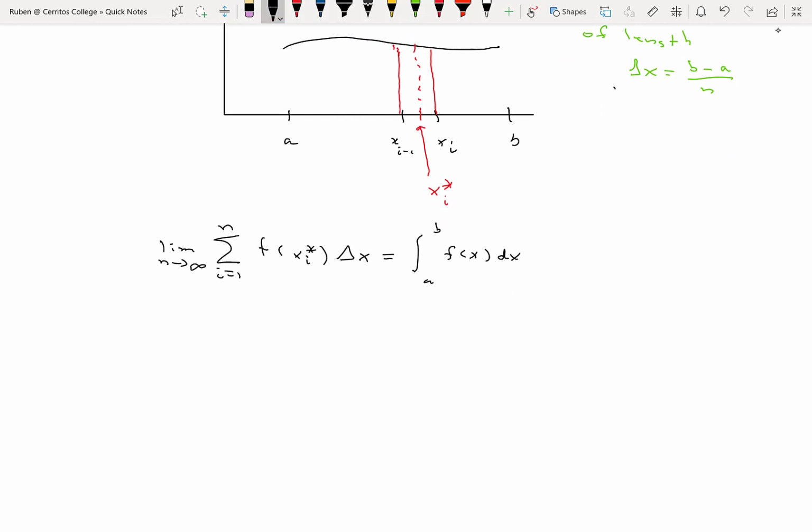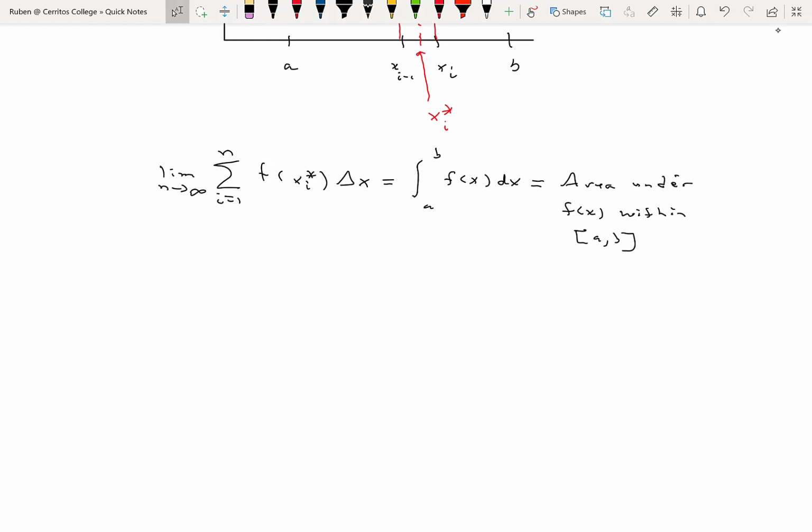If the function f is not negative, then this turns out to be the area under the function f of x, and of course above the closed interval from a to b.